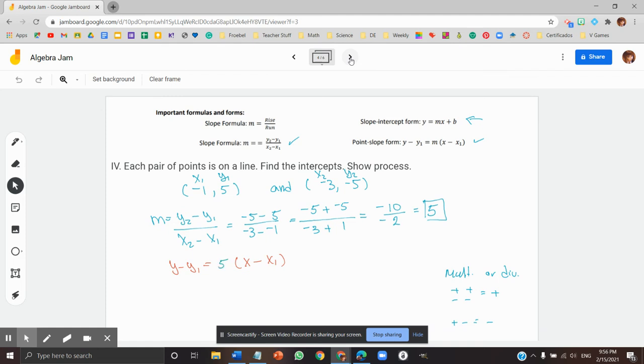And I can choose any one of the numbers that I want. I'm just going to take the first one. I have that y is 5, right? And I have that x is negative 1. So I have to write the negative 1.